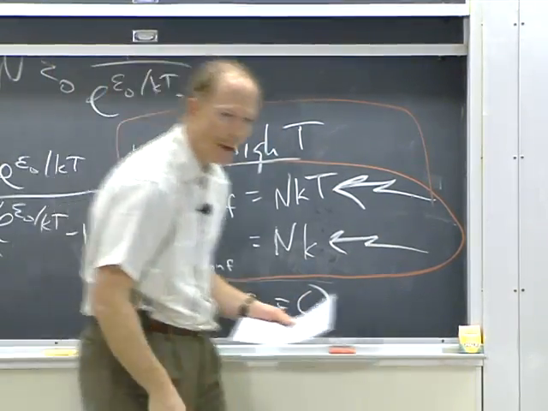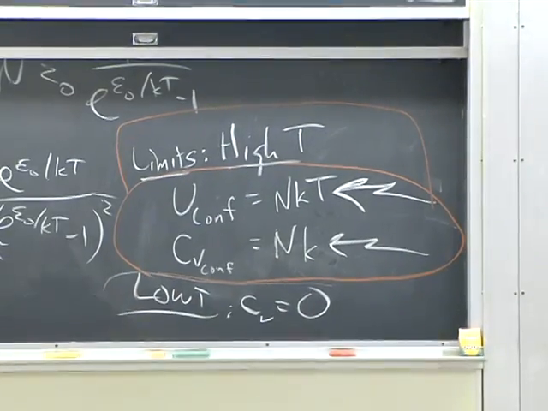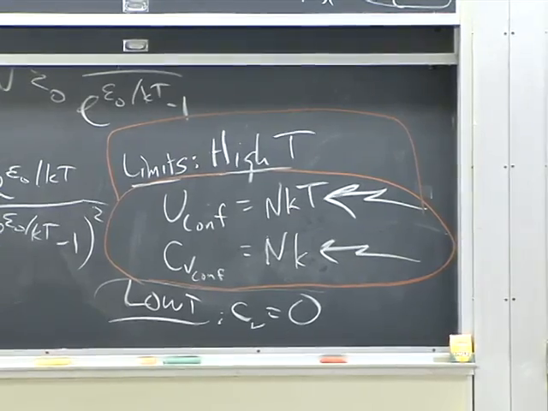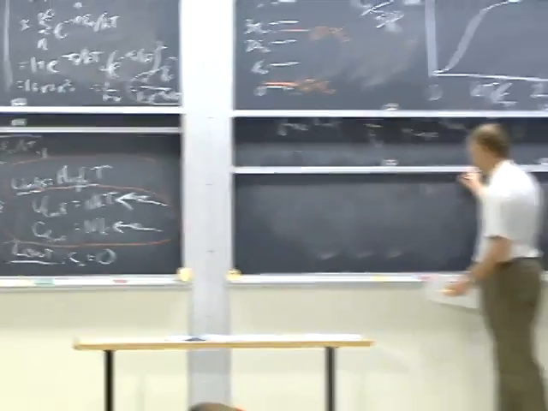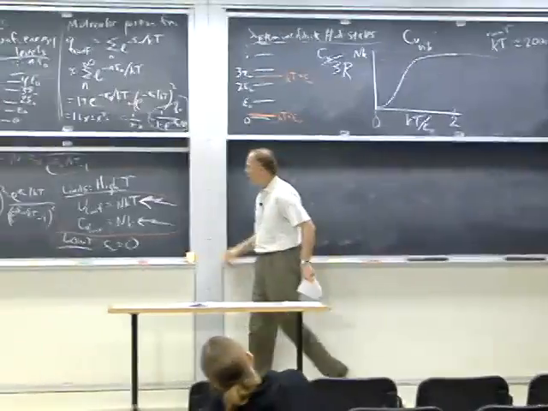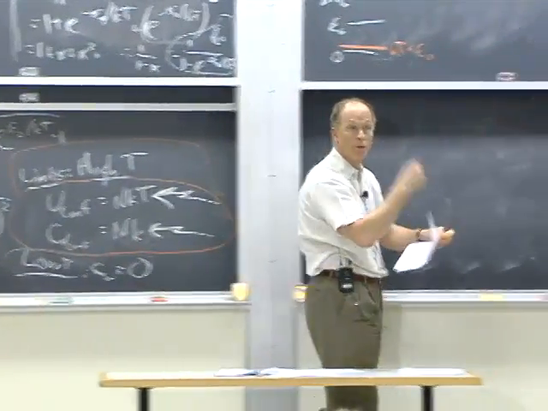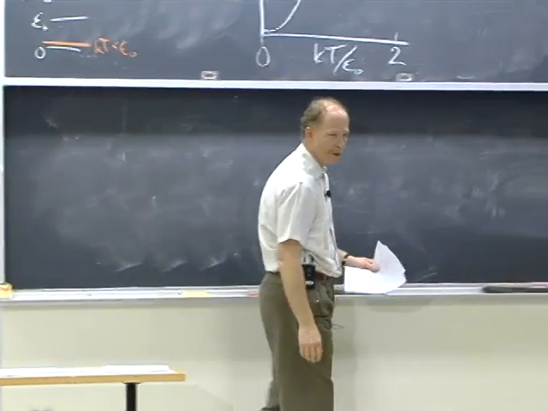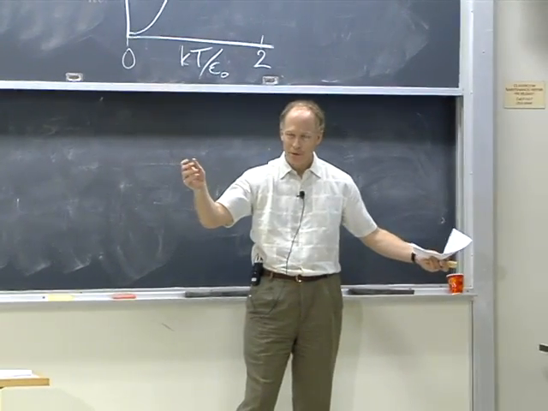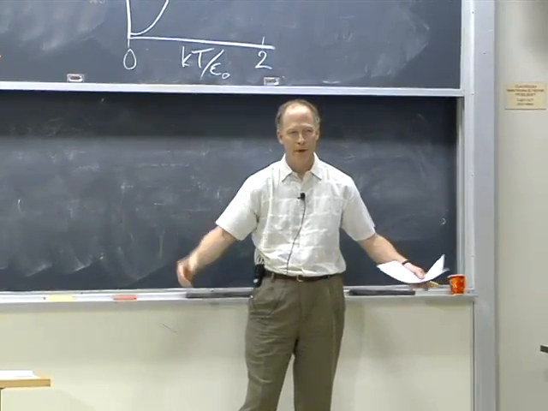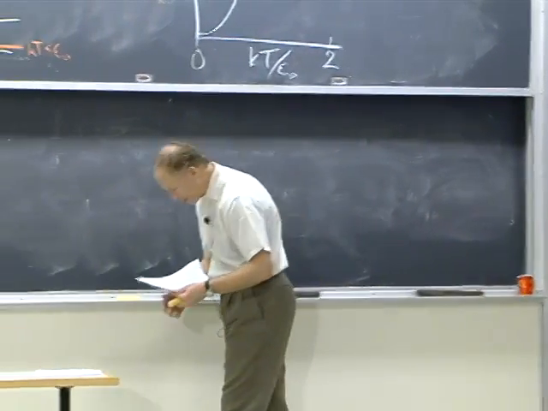Now, it turns out that high temperature limit doesn't just obtain for vibrations, but it's also the case for molecular rotations, translations, all these low energy degrees of freedom. So let's see why.